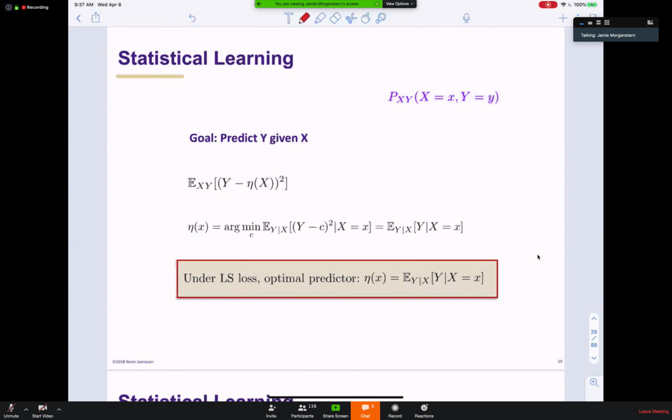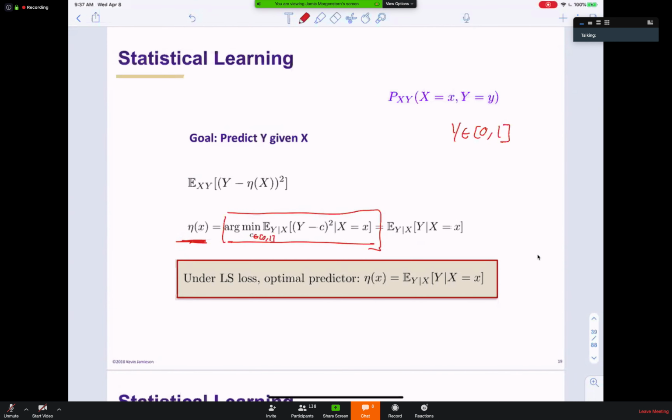All right, so if we think about this as a point-by-point process, we're trying to pick a function eta of x which minimizes the squared error for that particular point. Let's suppose y is in 0, 1, but y can be more general.